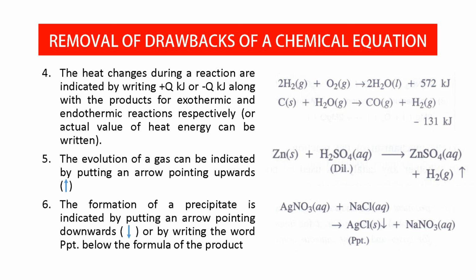If any precipitate is formed in a reaction, we write PPT and show it by an arrow pointing downwards. An arrow pointing upwards shows evolution of gas, and an arrow pointing downwards shows formation of a precipitate, plus sodium nitrate. So these are the symbols and formulas with which we represent a chemical reaction. Keep it in mind, it is very important.